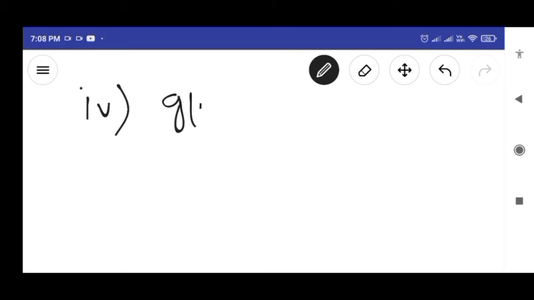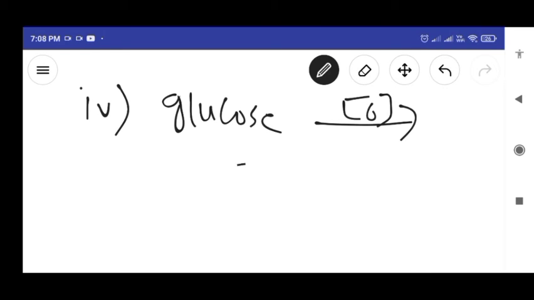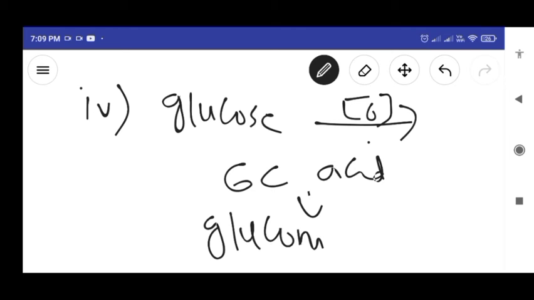If we conduct oxidation on glucose, it gives a 6 carbon carboxylic acid, gluconic acid, on reaction with a very mild oxidizing agent like bromine water. From this idea it is understood that the compound is an aldehyde.